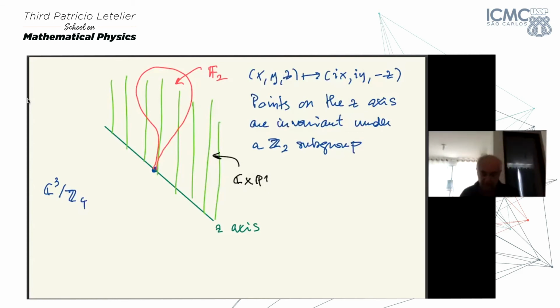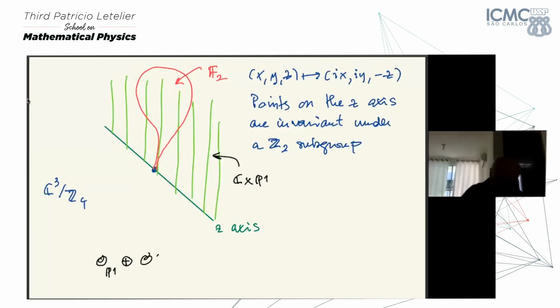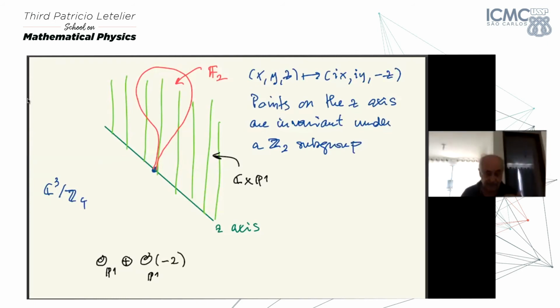What is the second Hirzebruch surface? There are some different ways of telling what it is. What you can do, for instance, is the following. You take the direct sum of the trivial line bundle on P1 with the bundle O(-2) on P1, and you projectivize this.